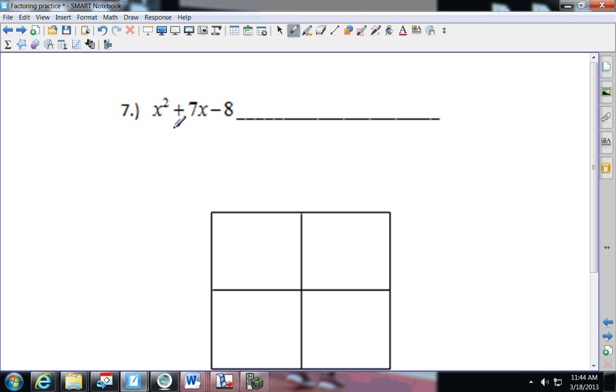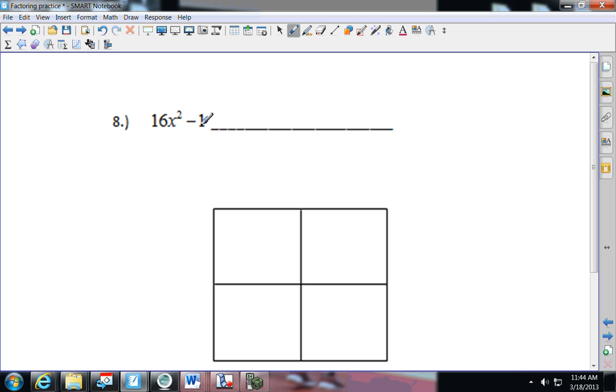It has no what? It has no X. In this one right here, it has no X number. Okay, so some of you, I've already heard you say, what is special about this? This is called the what? Difference of squares. All right, so difference, I would write that on my paper, of squares.